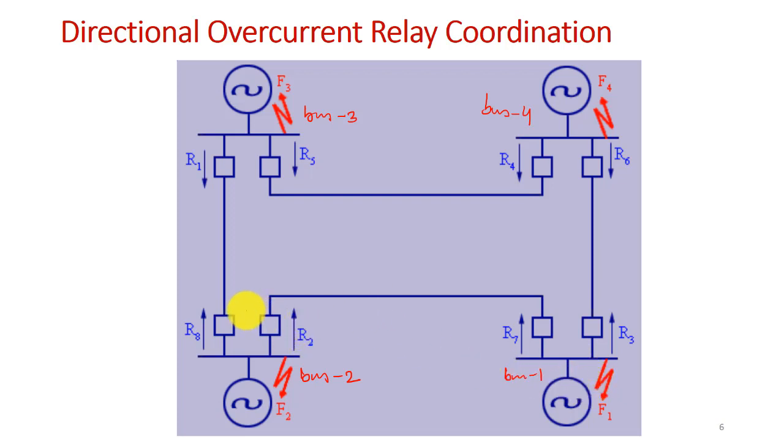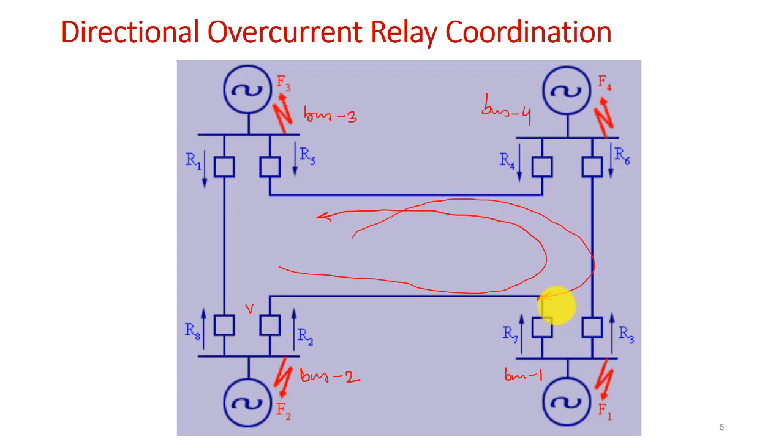One is your R2. R2 will protect this section in the anti-clockwise direction, right, like this. And the other relay is R6, which also will protect this faulty section in the clockwise direction, right?